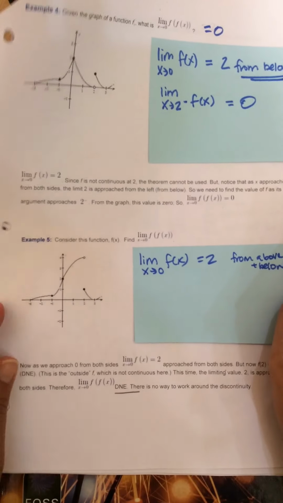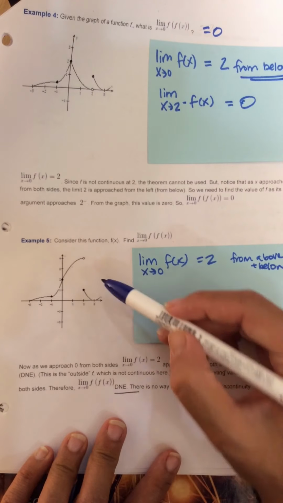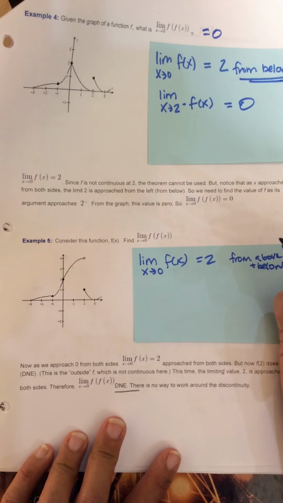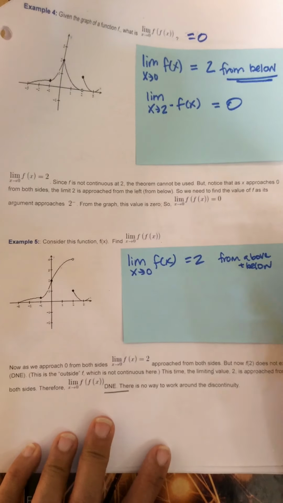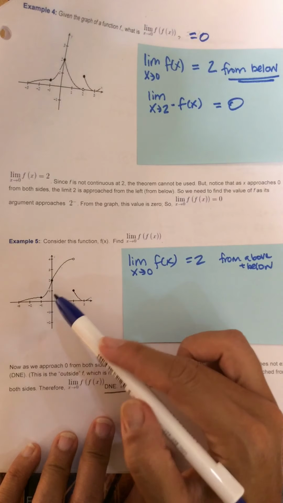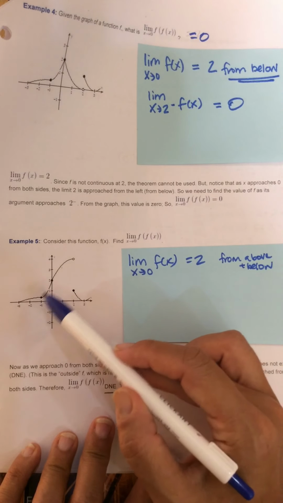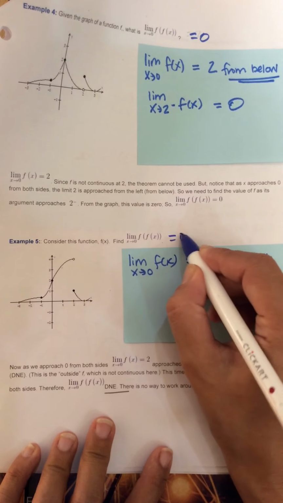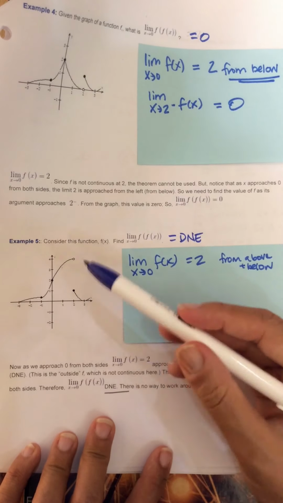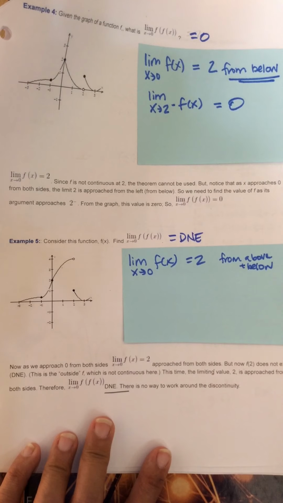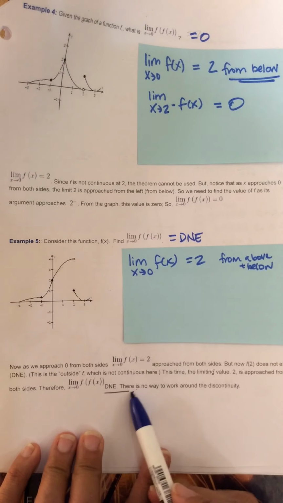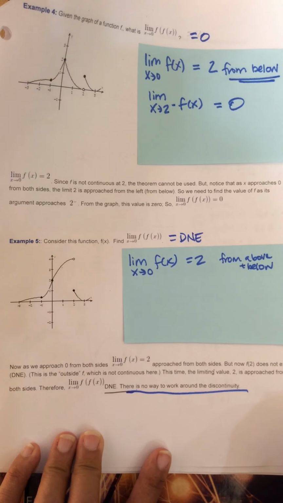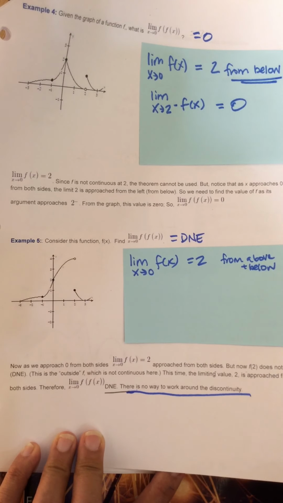How's that going to help us here, right? So then I go to f of 2. Oh, it's not continuous there, right? This doesn't help us at all because the limit is one side coming from below, one side coming from above. So because of that, this whole thing does not exist. We cannot overwrite this discontinuity, which is essentially what it says down here, right? There's no way to work around this discontinuity.